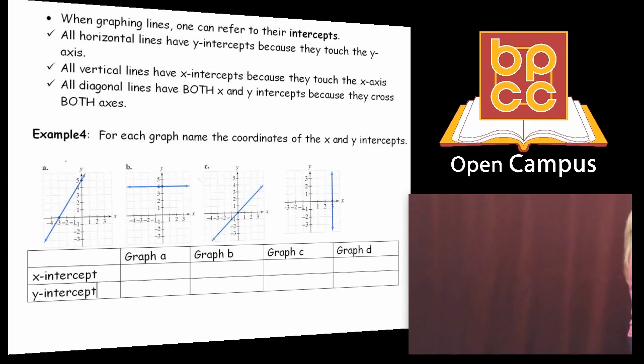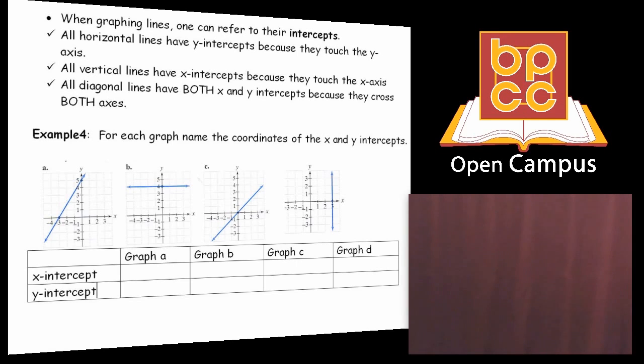That is vertical. And if you look closely, some of those lines touch both axes. Some of them just touch one axis. Where they touch the axis are called the intercepts. So what we're going to do is we're going to look at each picture and we're going to talk about its intercepts.